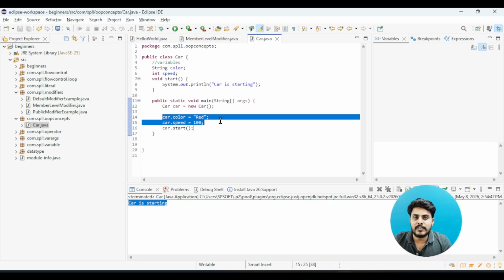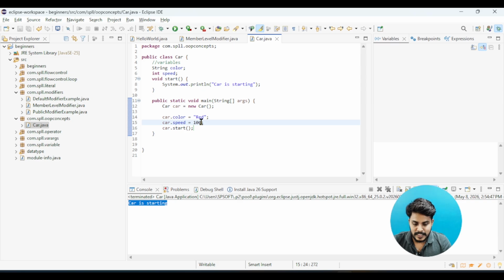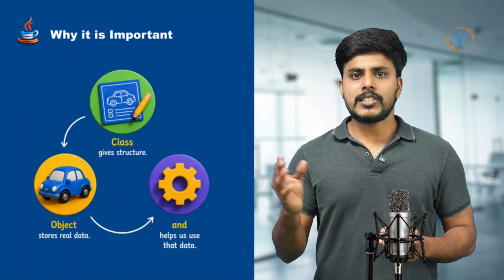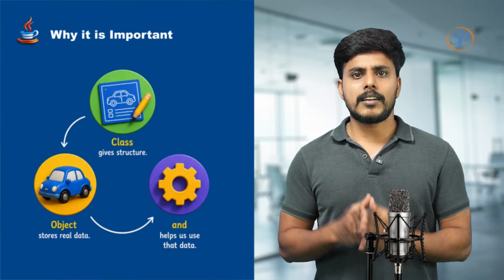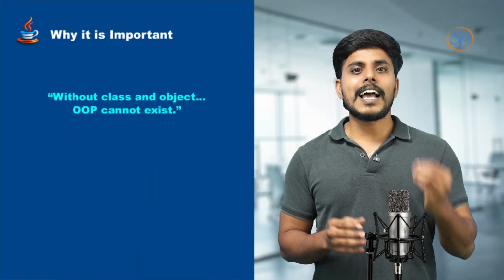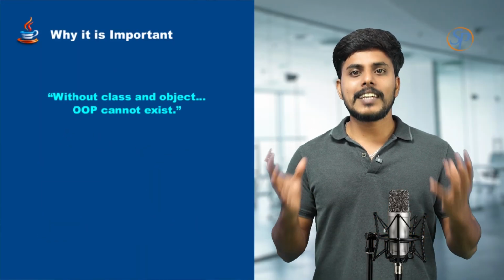So first we design, then we create, then we use. So that's all about code related to class and objects. Why it is important? Class gives structure, object stores real data and helps us use that data. Without classes and object, OOP cannot exist.